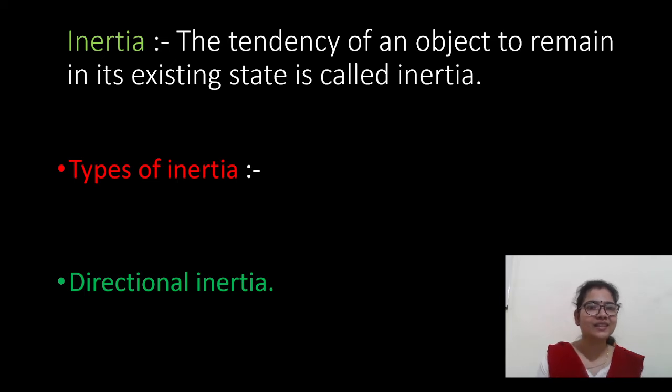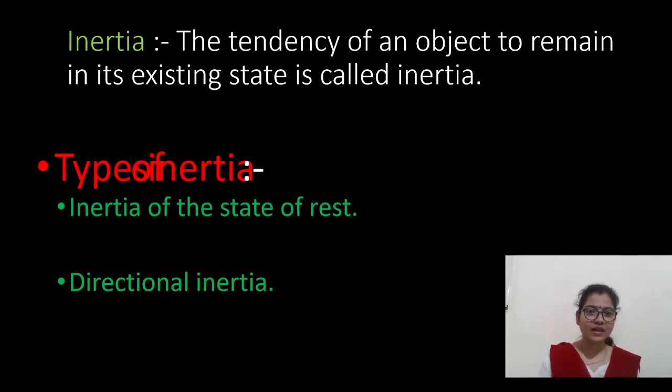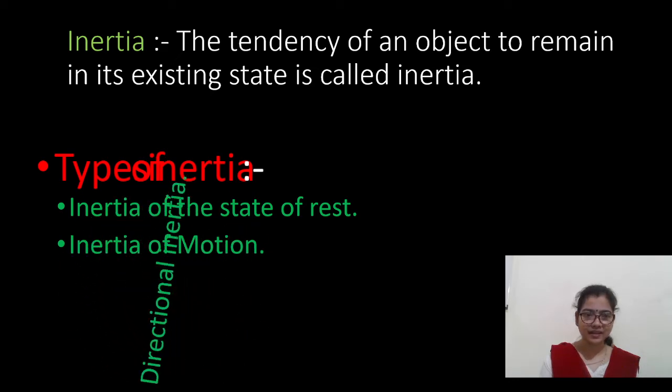So it is called inertia. Now we will see types of inertia. First is inertia of the state of rest. Second is inertia of motion. Third is directional inertia.